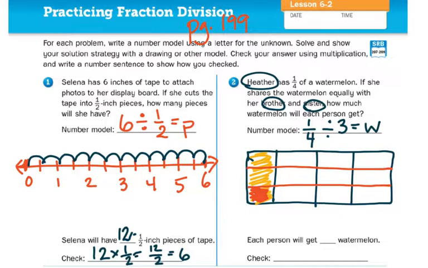So each person will get what? Only 1/12 of the watermelon. How do I check that? 1/12 times 3 equals 3/12, which is the same thing if I divide each one by 3, is the same as 1/4.